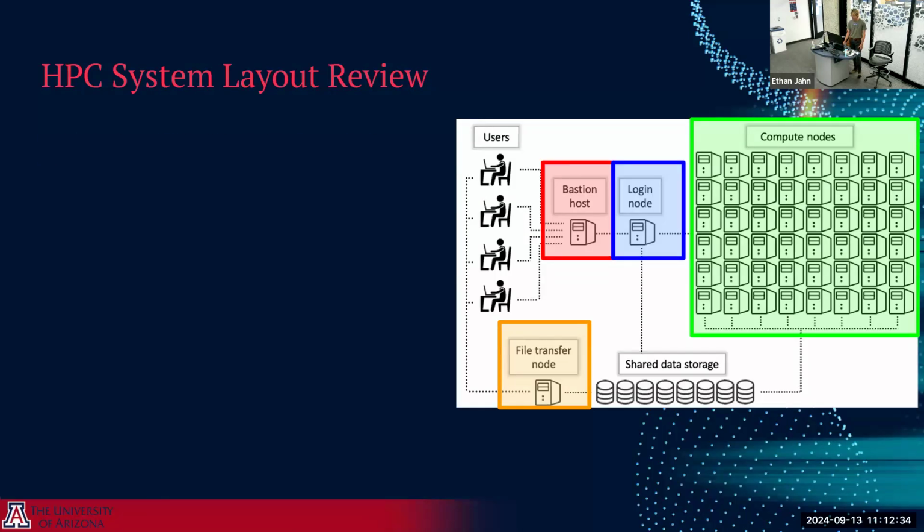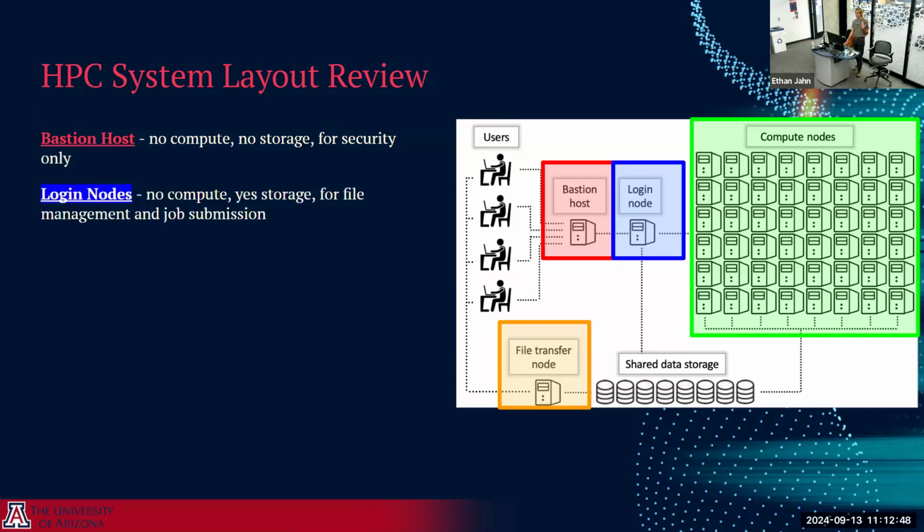So here's a review of the nodes real quick. We have the Bastion host. Remember, this has no compute, no storage. It's effectively just a security feature. It's not intended to be used really for anything at all by the users. The login nodes don't have compute. You can perform minor operations such as editing files and things like this.